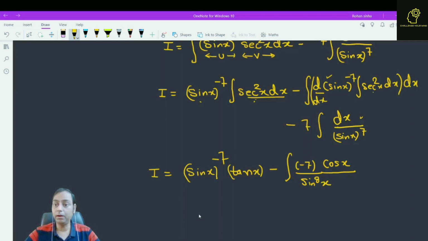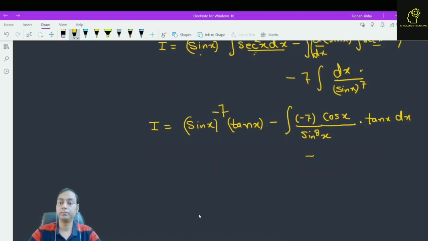And what about the integral of sec squared x dx? This is tan x, whole dx, minus 7 dx upon (sin x) raised to 7.